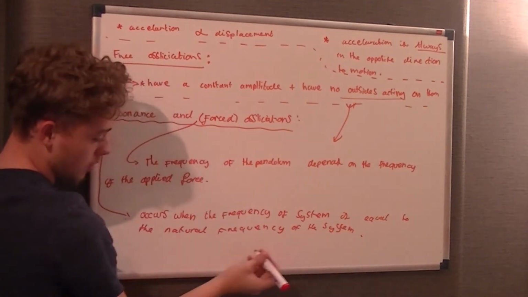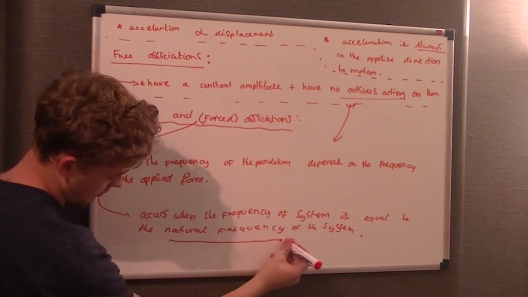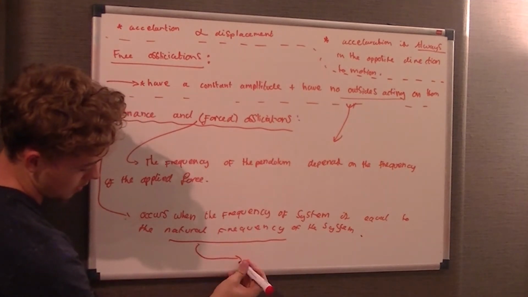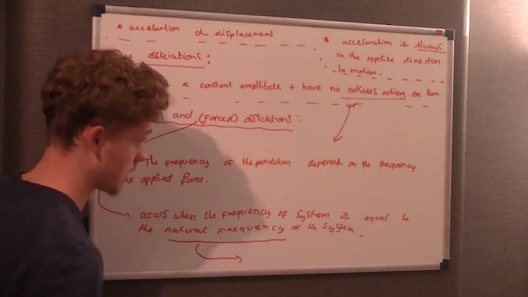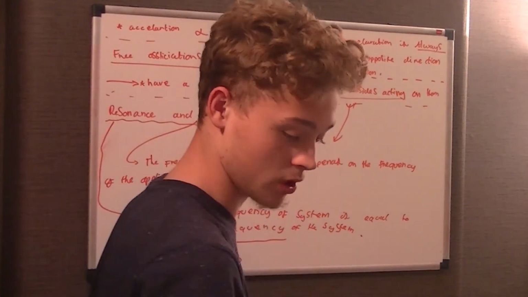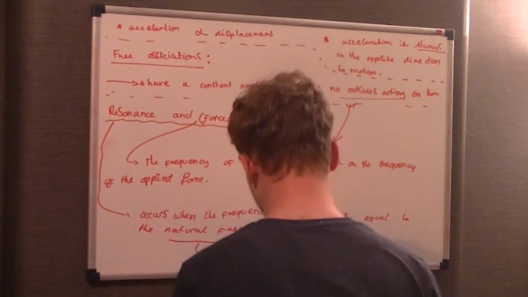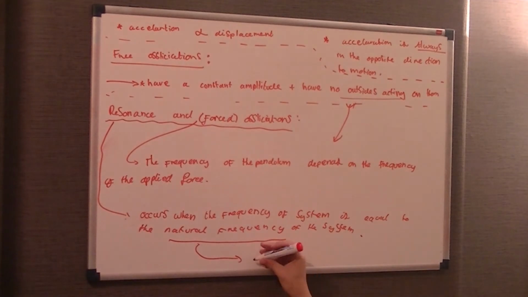Now you might be going, Will, what do you mean by natural frequency? Well, natural frequency just means the frequency is related to free oscillations. So this is basically the frequency in which there are no outside forces acting on the object. So it's quite close to free oscillations.